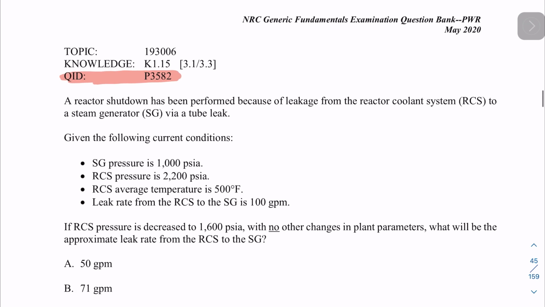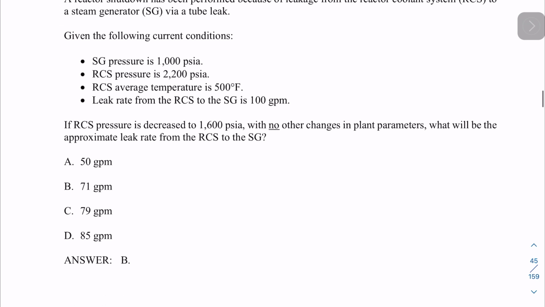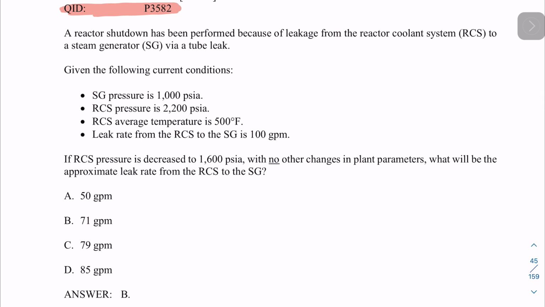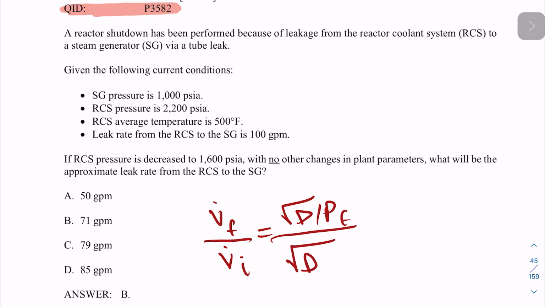So in the next one, we just need to use the relationship of the volumetric flow rate final over volumetric flow rate initial equal to the differential pressure final over the differential pressure initial. So that's what we need to use in this one, right? And we need to be able to get the differential pressure.